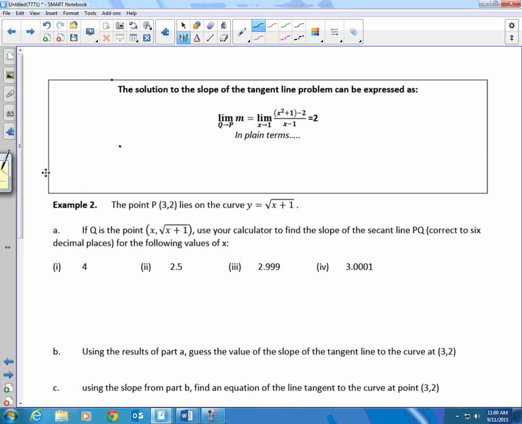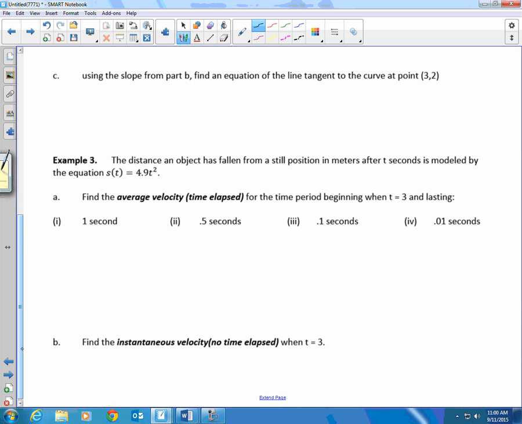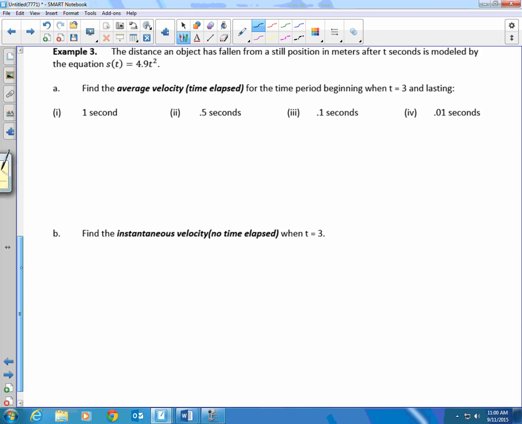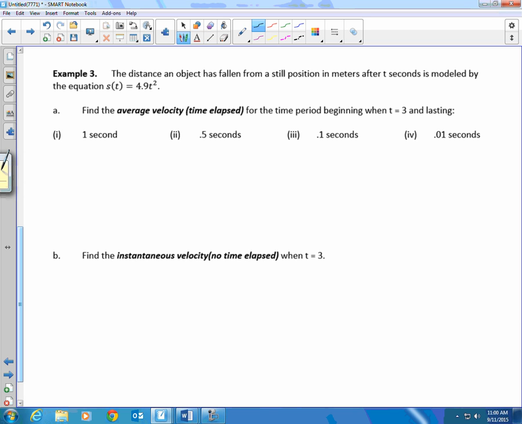Now, let's just do some work right here. Got your calculators ready to go? Here we go. It says find the average velocity for the time period beginning when t is equal to 3. So, at time 3, let's see how far the object's fallen. Use your calculator to tell me at 3 seconds, how far has the object fallen? It's been falling for 3 seconds.